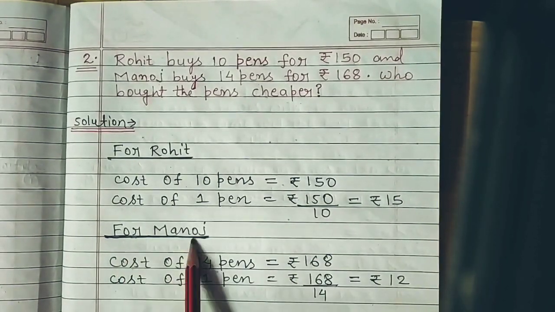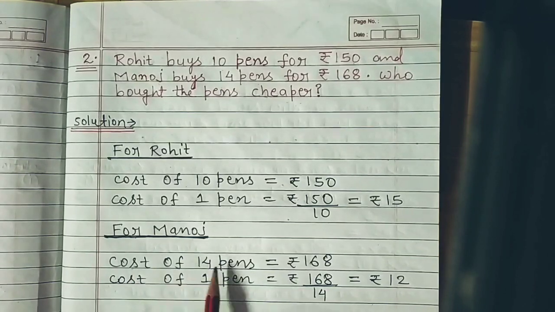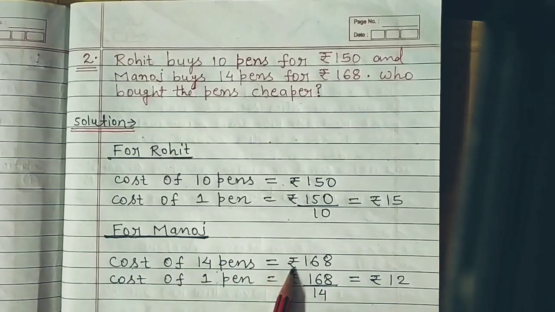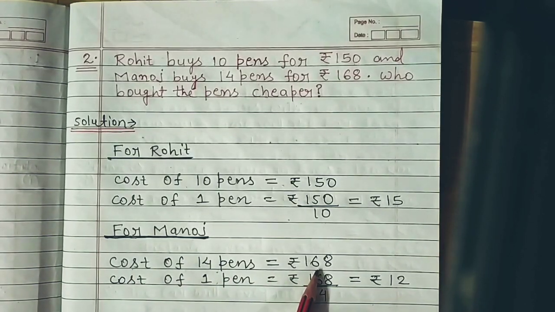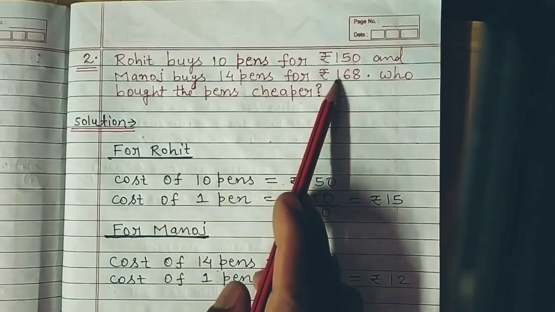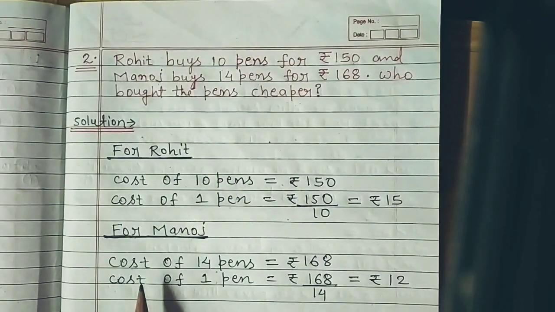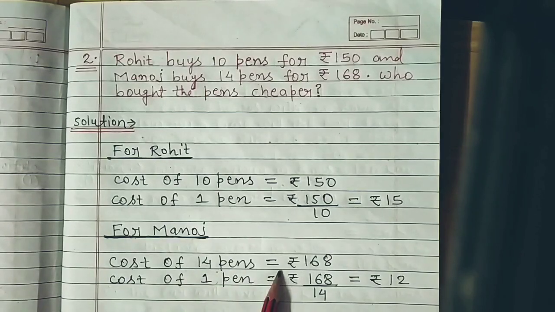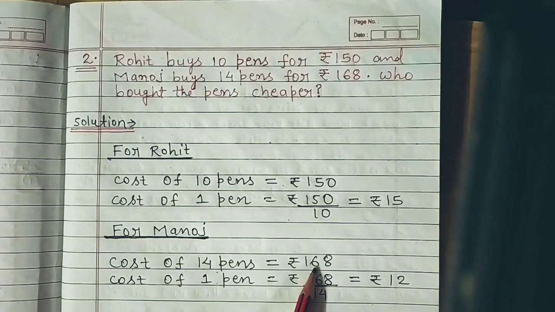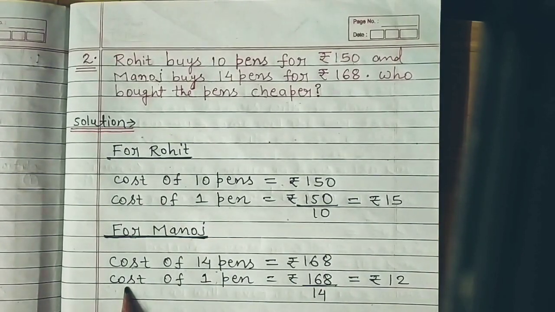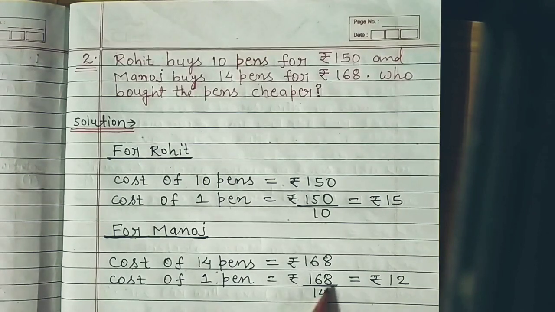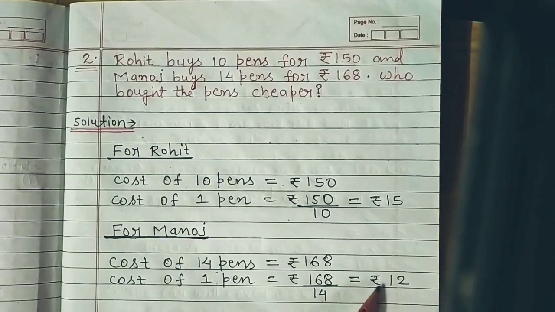Now for Manoj, cost of 14 pens equal to rupees 168, as it is given in the question. Now cost of one pen equal to rupees 168 divided by 14. Clear? And its value is rupees 12.